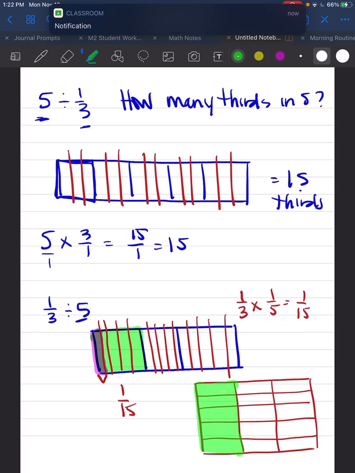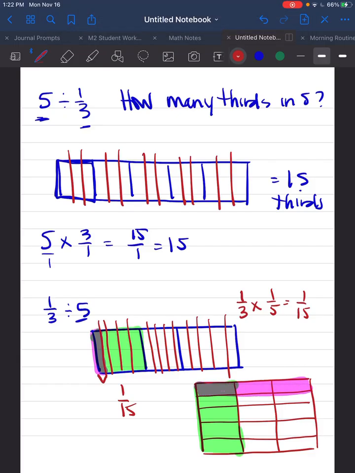Here's my 1/3. And then I'm going to shade my 1/5. And where do they overlap? They overlap in this square, and that is 1 square out of how many total squares? 1 square out of 15. So either one of those models will work when you're dividing a fraction by a whole number.